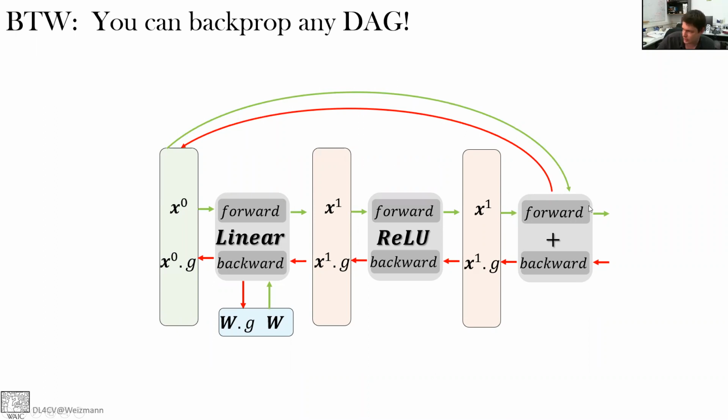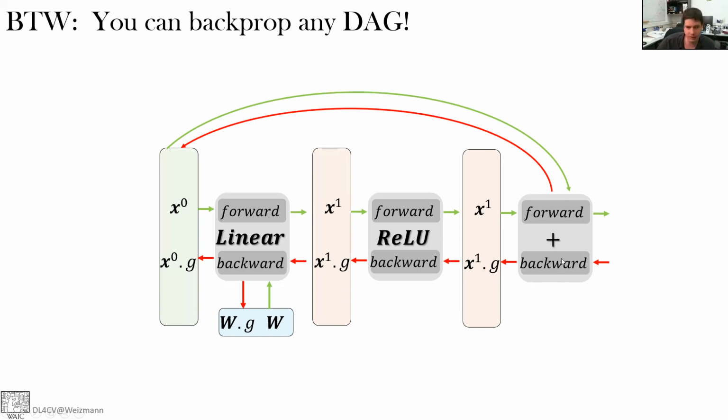You take this plus this, and backward is also very easy, because the backward function needs to have several outputs, and it needs to return the derivative both with respect to this input and with respect to that input. If you have others, then it's also possible. It's not a problem.